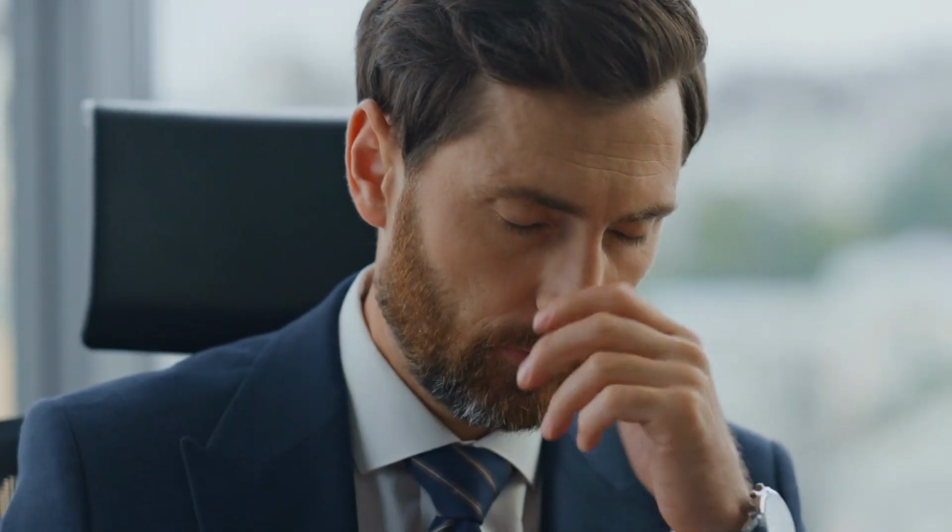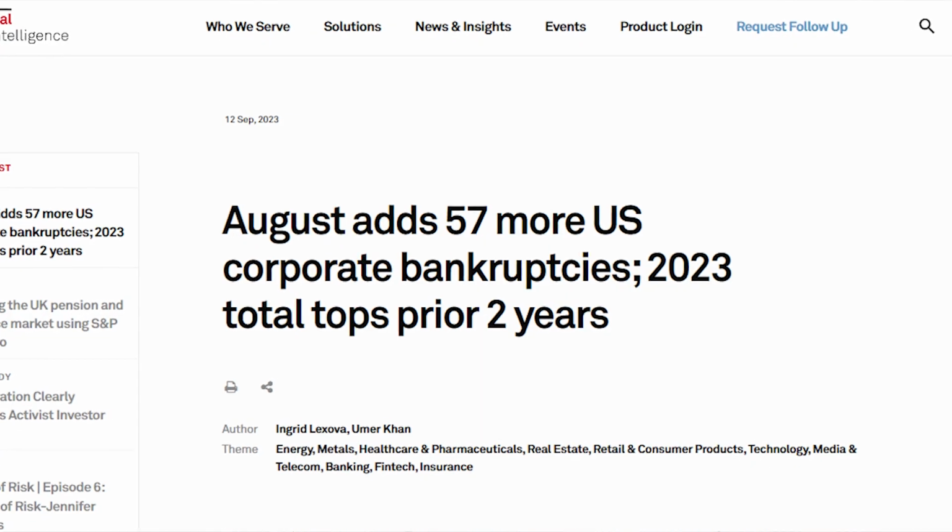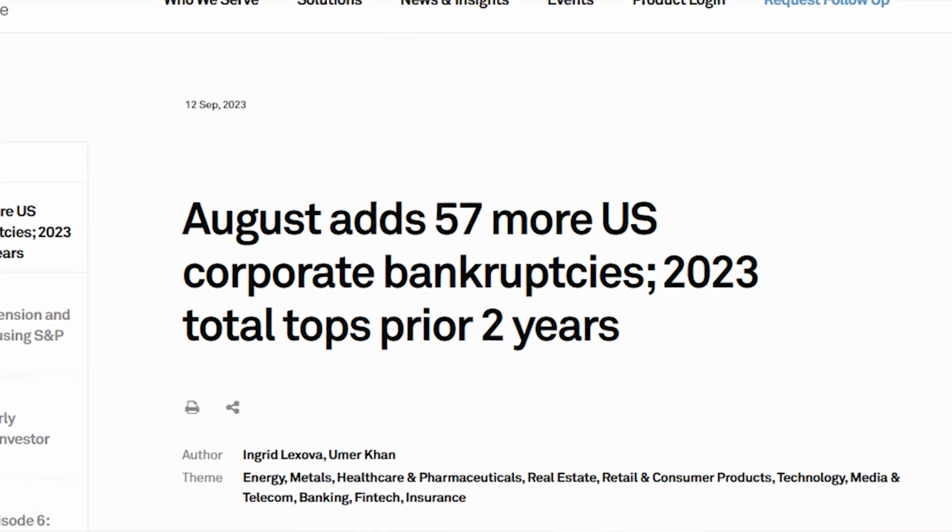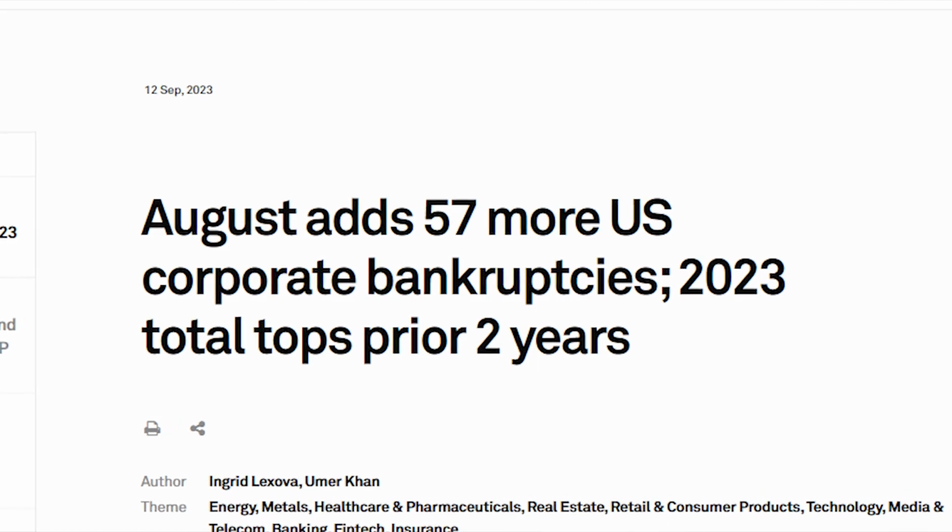And the last time it was this high before that was during the 2008 crash. We currently now have 8 companies per week that are filing for corporate bankruptcy. And these only recognize companies that have over $50 million in debt that they are claiming bankruptcy on. This is a very bad indicator for the economy.